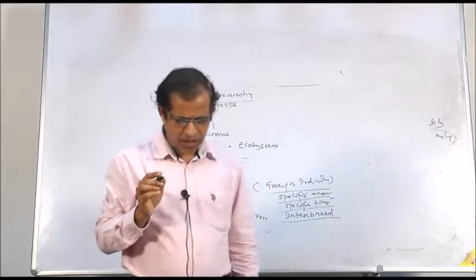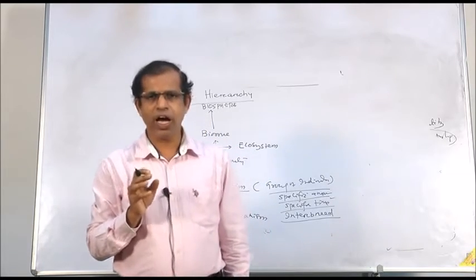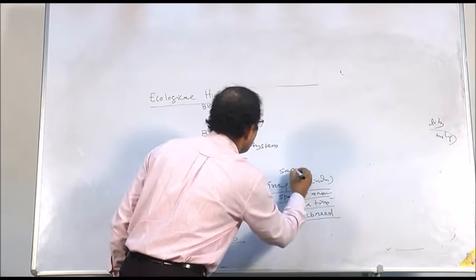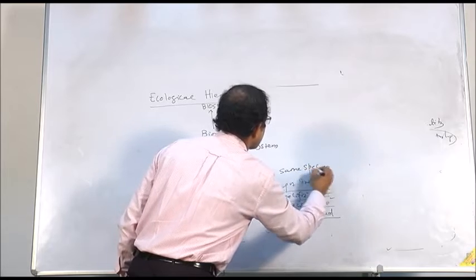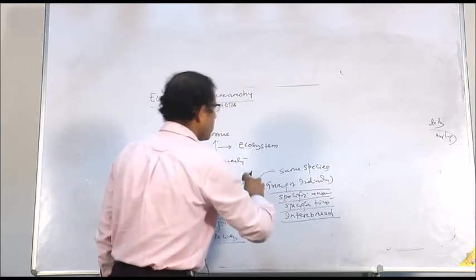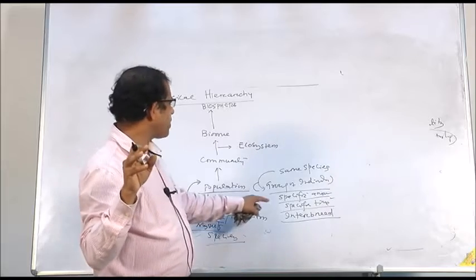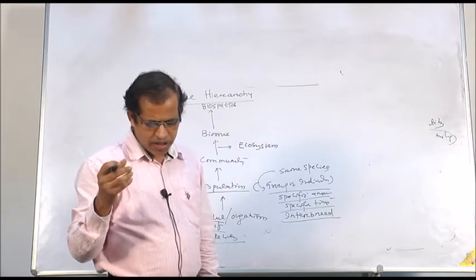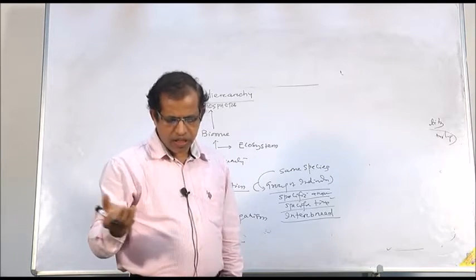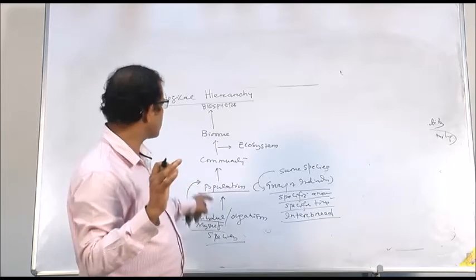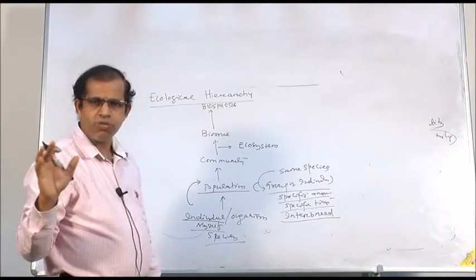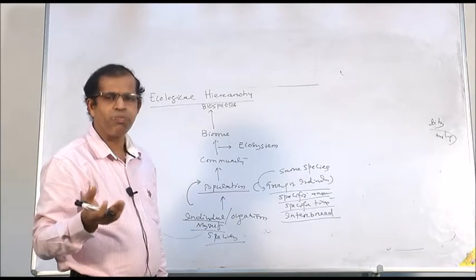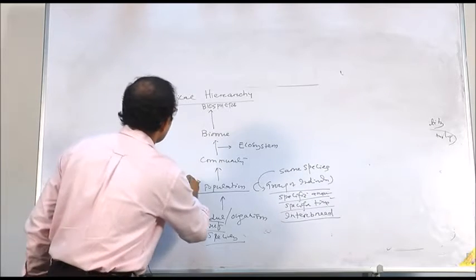So a population is a group of individuals of the same species. They should remain in a specific area and specific time, and they should interbreed among themselves. That results in the formation of a population. For example, for human beings, the group of individuals is called the human population.